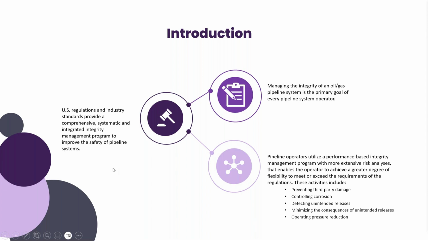This is a great subject, and it keeps evolving as everybody could see. But the bottom line is, it's not just the regulations, but what operators need to be doing: preventing third-party damage, controlling corrosion, detecting unintended releases, minimizing the consequences of unintended releases, and of course, operating pressure reduction plays a big role, particularly when we're dealing with cracking and other issues.